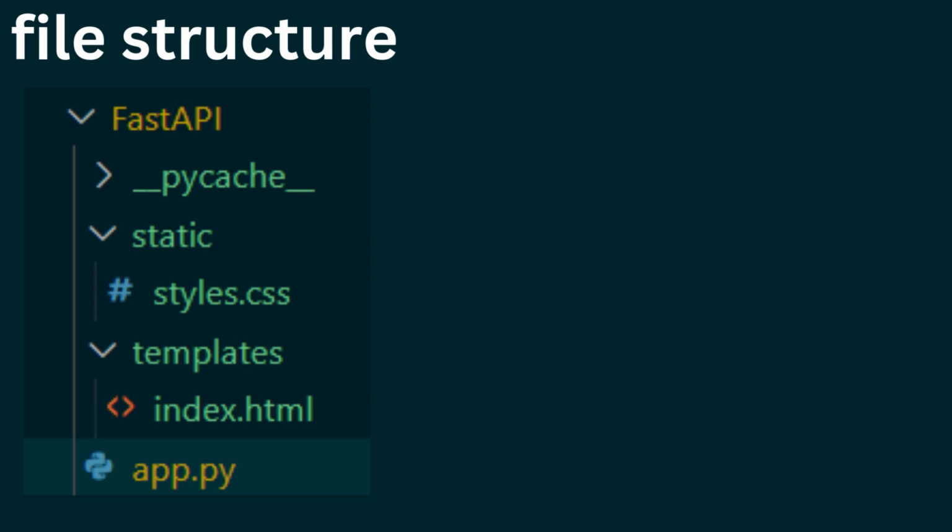First, you have a folder, for example FastAPI, or any name you like. Then you have the static folder, which holds static files like style.css or images. In templates you find index.html or other HTML files, and then you find app.py like in the class. In this app.py, you mention the routes and the logic of the backend.